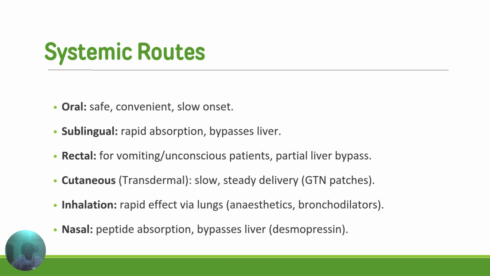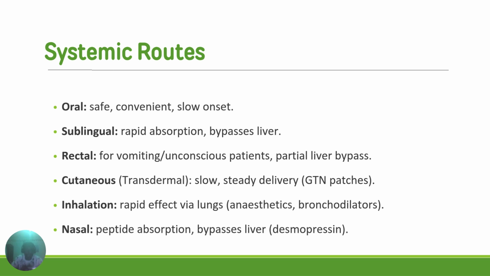The drug is placed under the tongue, and it's rapidly absorbed into the system. This route usually bypasses the liver because the drug is not metabolized inside the liver, but it's absorbed directly into the capillary and into the tissues.